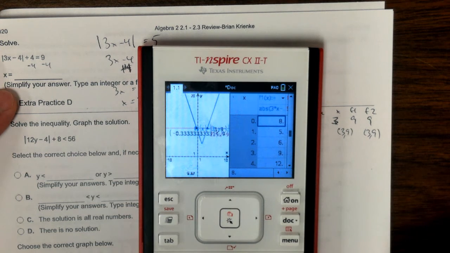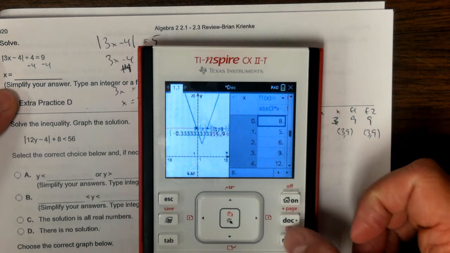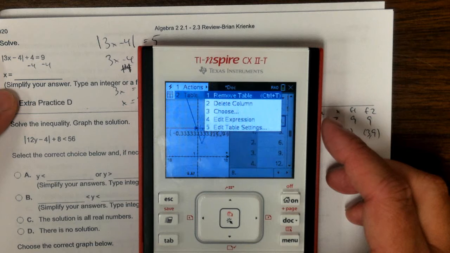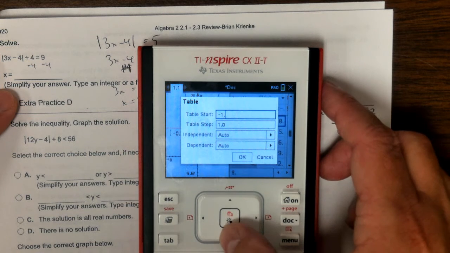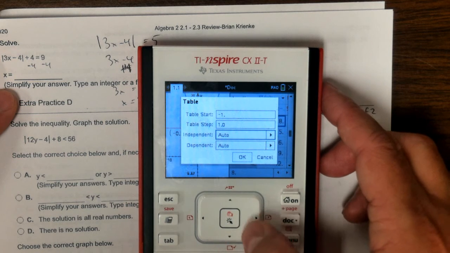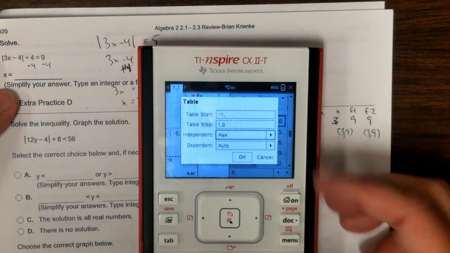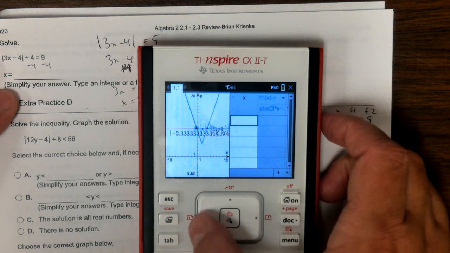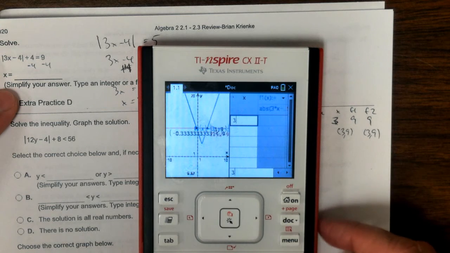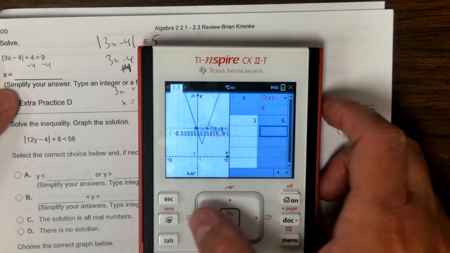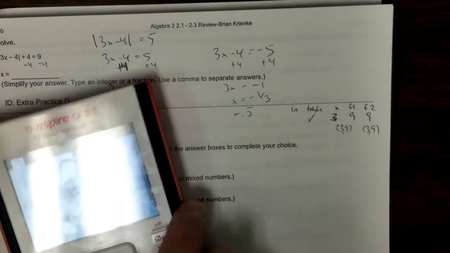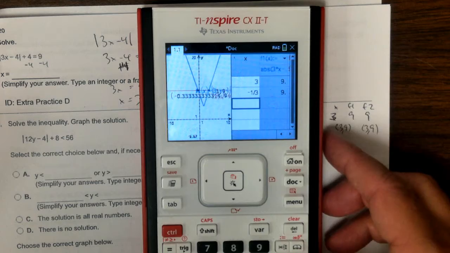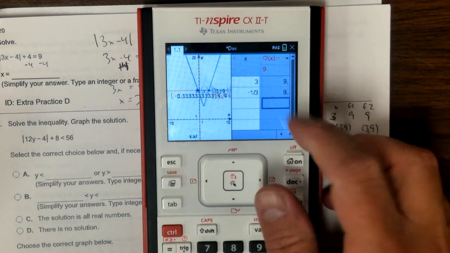So I don't want to spend too much time on it, but you could go to table settings and make independent to ask. And over here, when you put 3, you got both of them. And then when you put -1/3, you got 9 and 9.